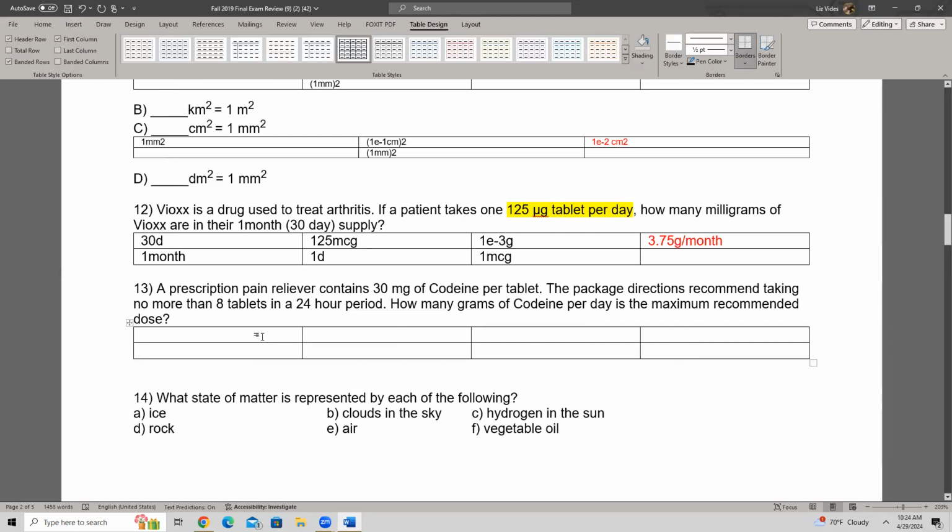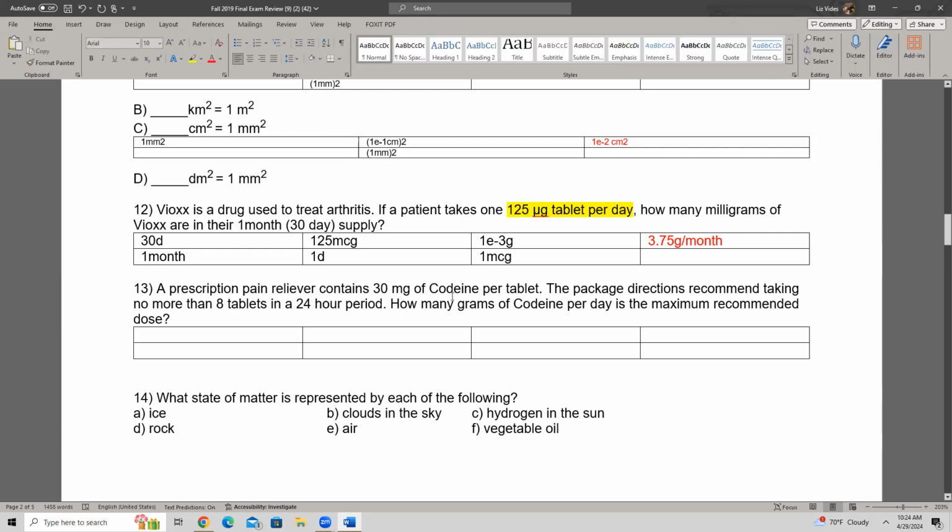See what the question says: how many grams of it are going to be in one day? Per day, that's what they want, because you cannot exceed that dose. So the question is where we have to end up.